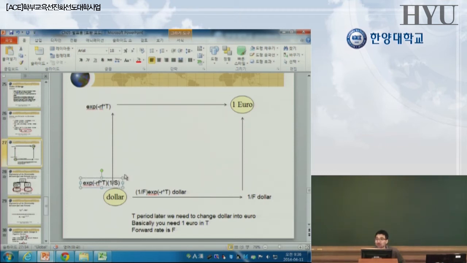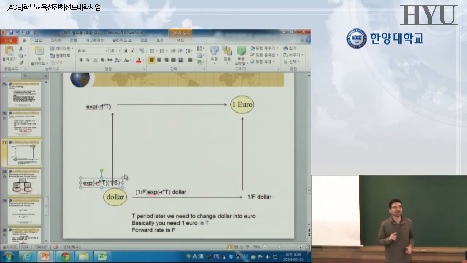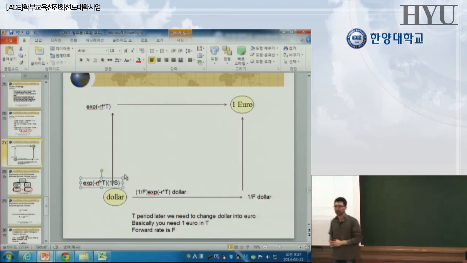The exchange rate is 0.72, so it is like 1.3 something. So you change this dollar into euro, and this money will grow in the European bank and become 1 euro.